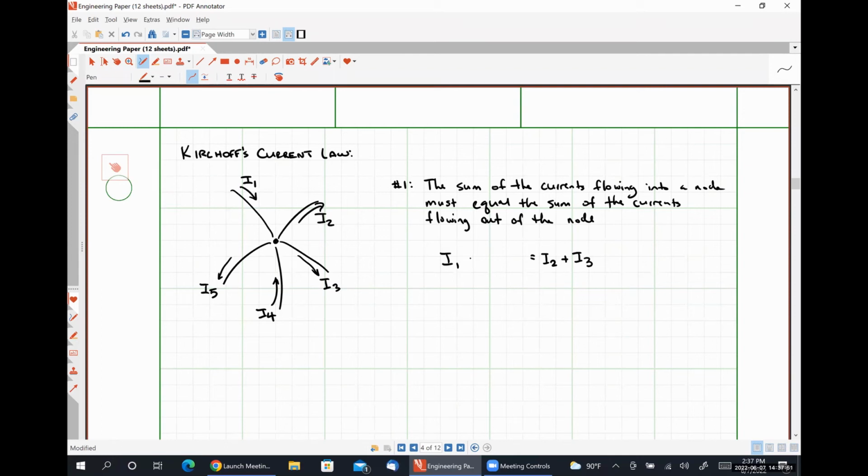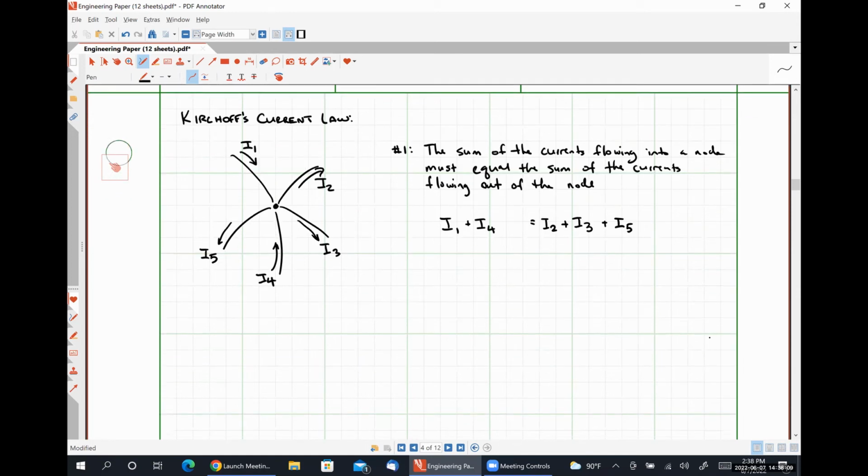I4 is flowing in, so I need to add it to I1. And finally, I5 is flowing out, so I need to add it to I2 plus I3. So we have the currents flowing in equal to the currents flowing out. That's our first representation of Kirchhoff's current law.